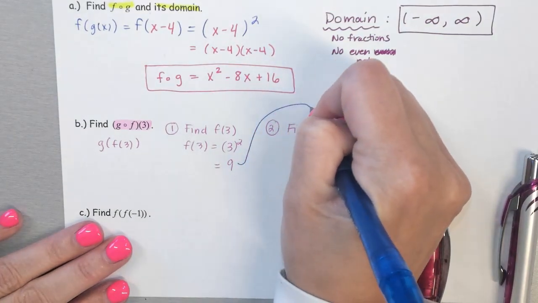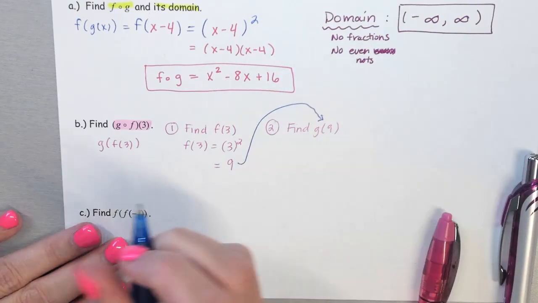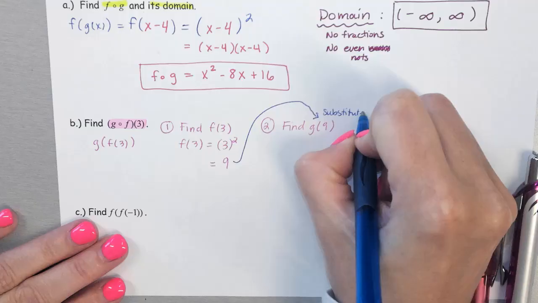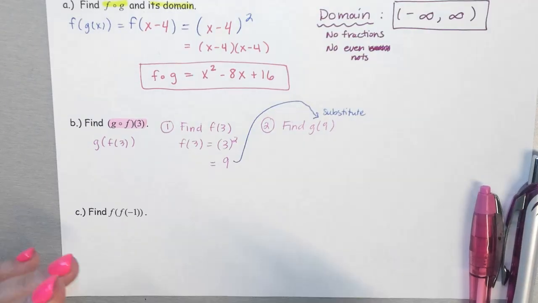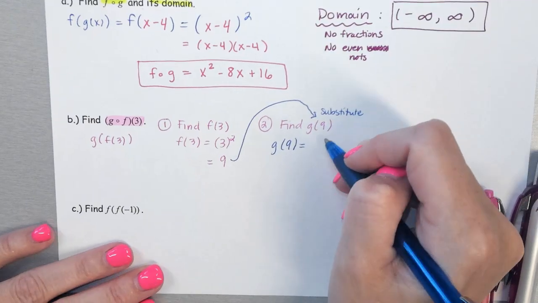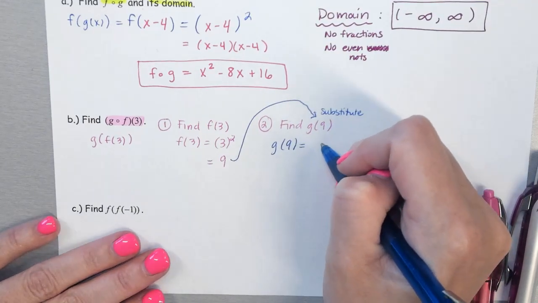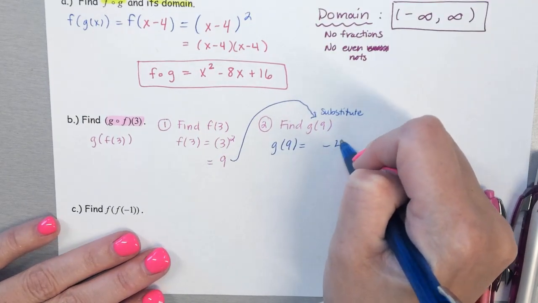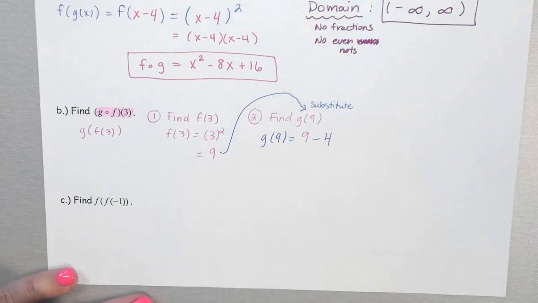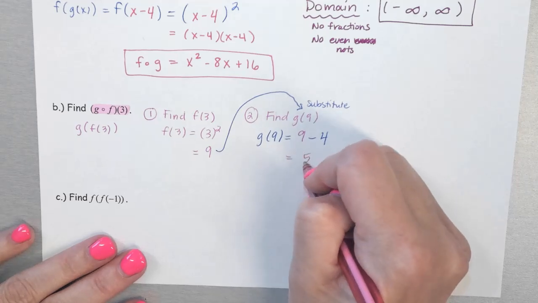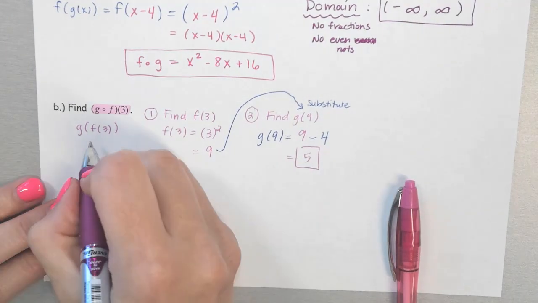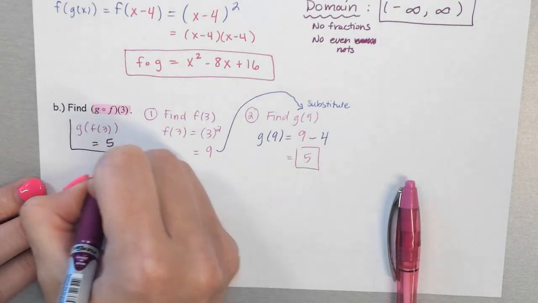So you're just doing substitution. If you find g of 9, g of x is x minus 4. So instead of x minus 4, you're going to plug in 9. 9 minus 4 is 5. That is going to be your final answer. So g of f of 3 is going to be 5.